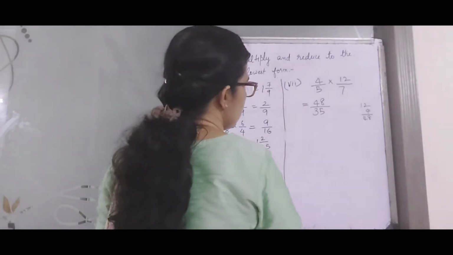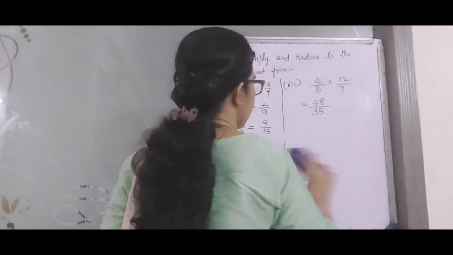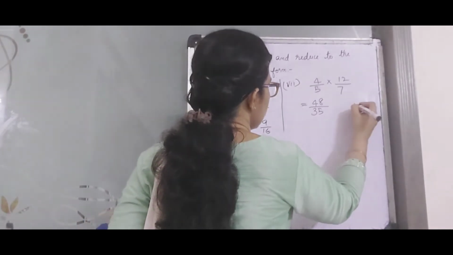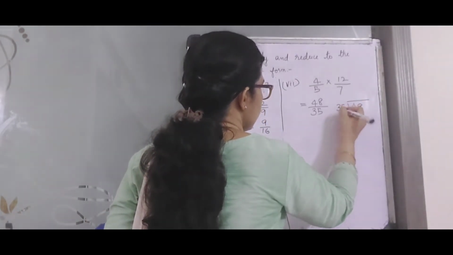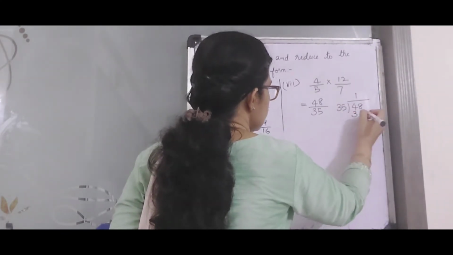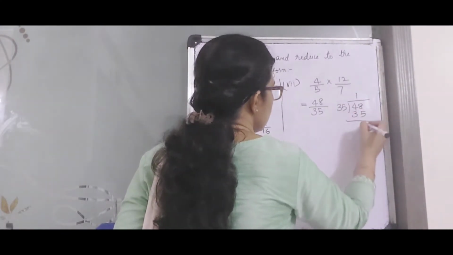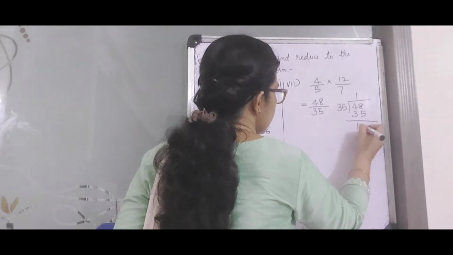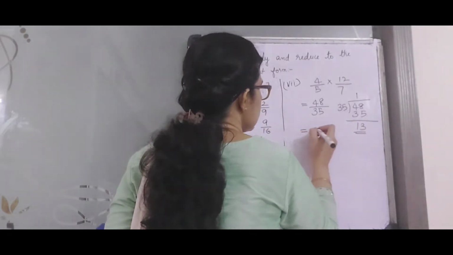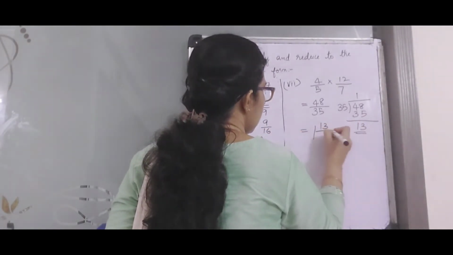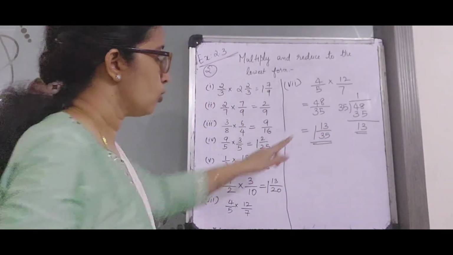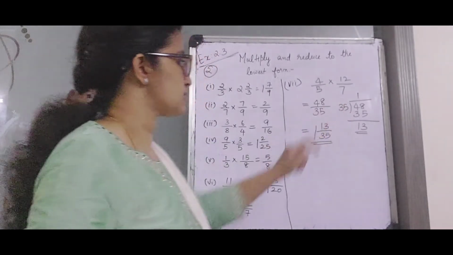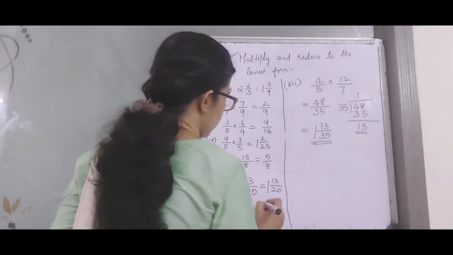Now this can be written in the form of mixed fraction, right? So 48 divided by 35. 1 35 is 35. So difference is 13. Okay. So the answer is 1 13 by 35. Okay. Quotient into remainder by divisor. 1 13 by 35.